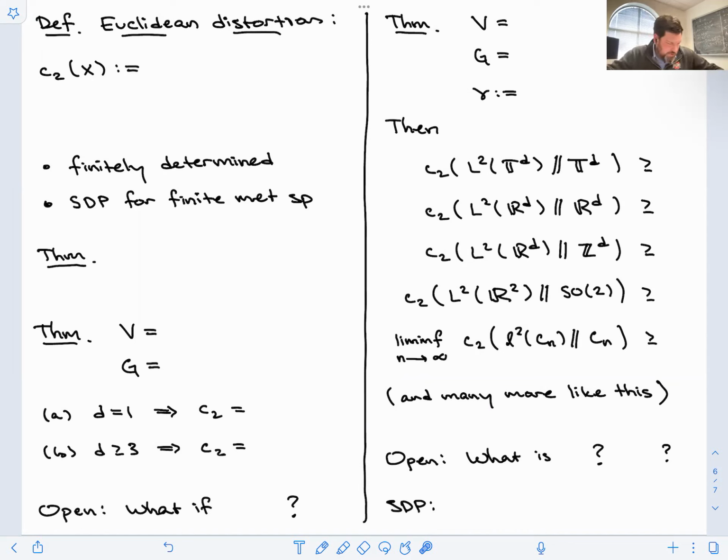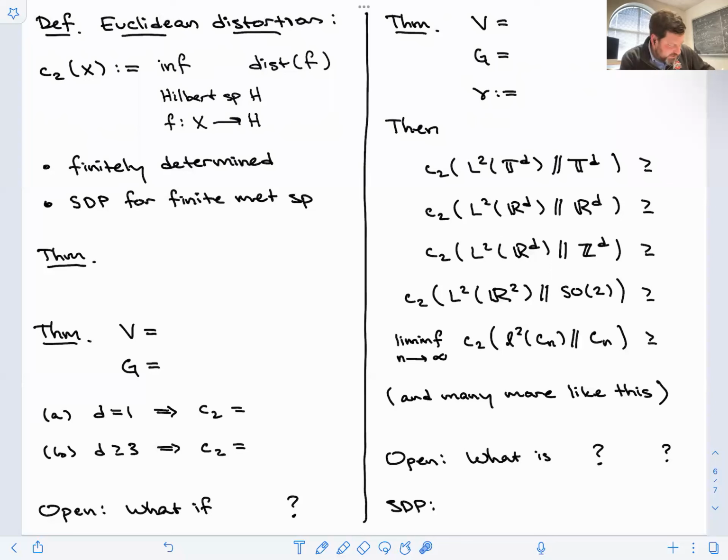The Euclidean distortion of a metric space X is called C2 of X. It's defined to be the infimum of the distortion of F, taken over all possible Hilbert spaces and all possible maps from your metric space to that Hilbert space. So this isn't an infimum over a set, it's an infimum over a class, but whatever. It's the best you can get by embedding into a Hilbert space.